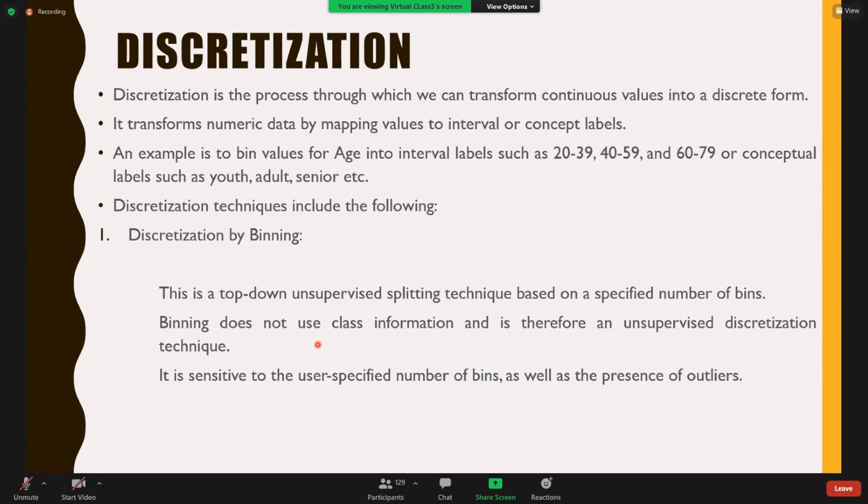For every tuple, we are not considering the class label information. It is based on the user-specified number of bins, so the input must be given. It is sensitive to the user-specified number of bins, and outliers are also a problem. If outliers exist in the input data, then discretization will not give accurate results.